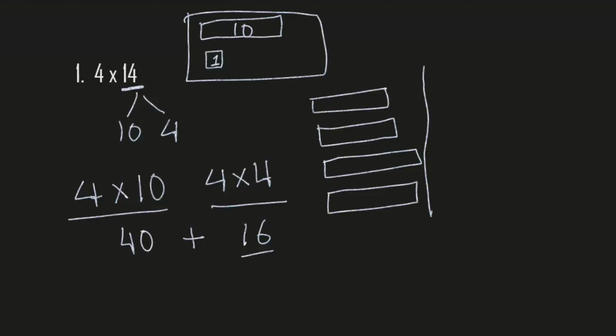So we need to draw 16 of these tiny 1 blocks. You might be thinking, why don't we just draw another one of the 10 blocks and then just do 6 of the 1 blocks? But we can't do that because over here we multiplied 4 times 10 and 4 times 4 separately. So we need to keep these two separate while drawing the array.